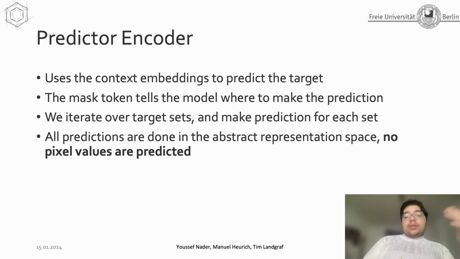And all the predictions being done by the predictor are in the representation space, so we don't have any decoder or any architecture projecting this back to the pixel space. We are making predictions and producing representations in the abstract representation space, in the hidden space of the network.